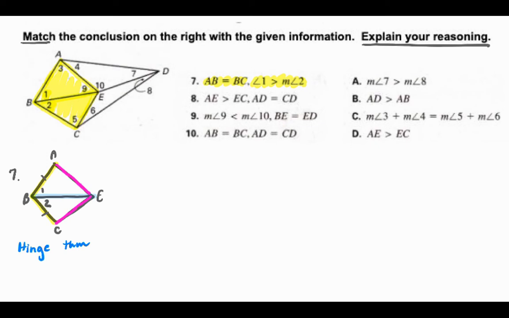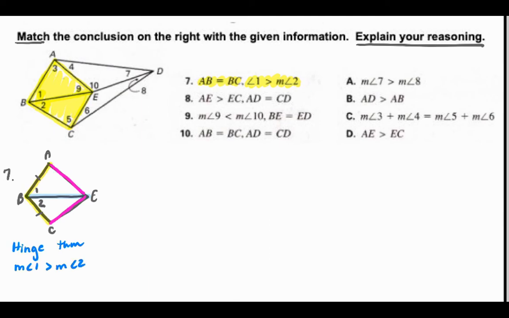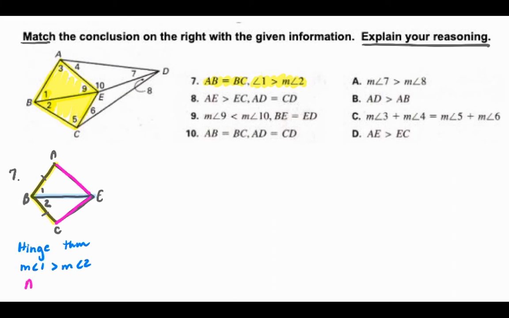Since the measure of angle 1 is greater than the measure of angle 2, we can get the opposite sides of AE and EC with the same inequality. And this happens to be answer choice D.